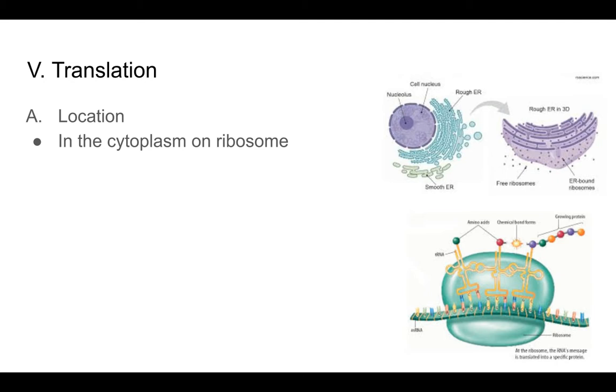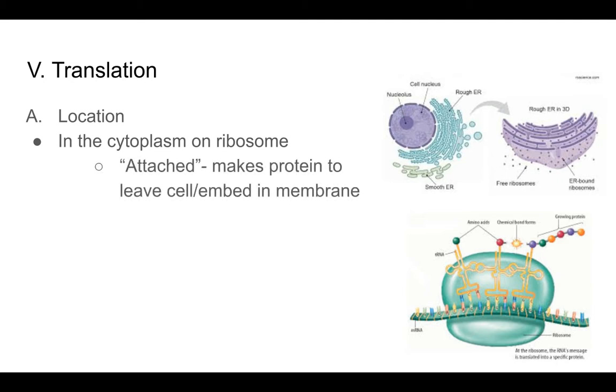For the location, translation is going to be happening somewhere in the cytoplasm on a ribosome. Now remember, we have attached ribosomes attached to the rough ER like we see over here, and then we also have free-floating ribosomes like we see out here. The attached ribosomes are going to make proteins that are actually going to attempt to leave the cell. Some of them do.